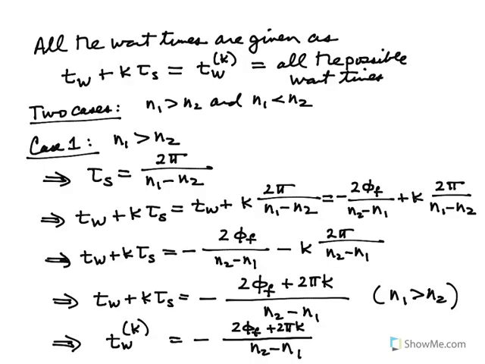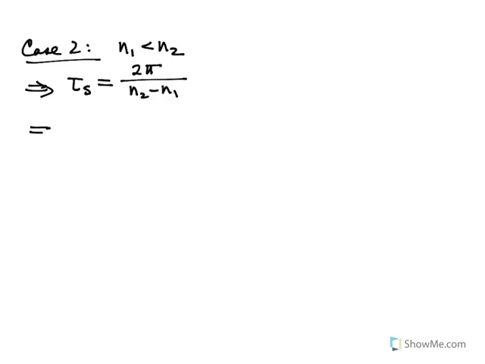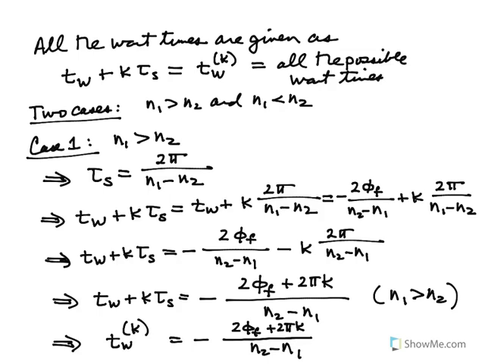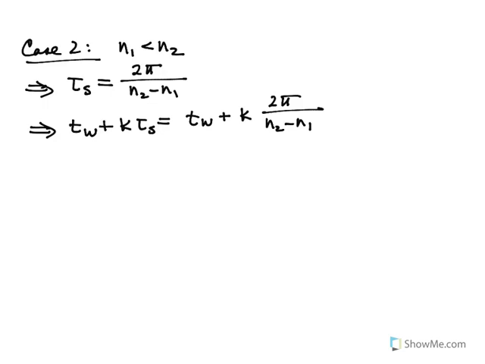So if we go through the exact same logic here, we're going to wind up with t sub w plus k times tau s is equal to t sub w plus k times 2 pi all divided by n2 minus n1. And now we're going to start substituting in here, and that's going to equal, let's make this just a little bit smaller to give ourselves a little bit more space.